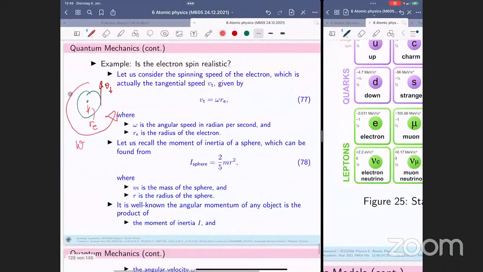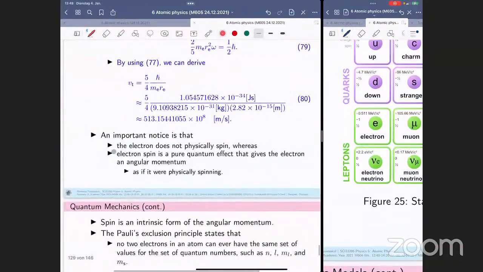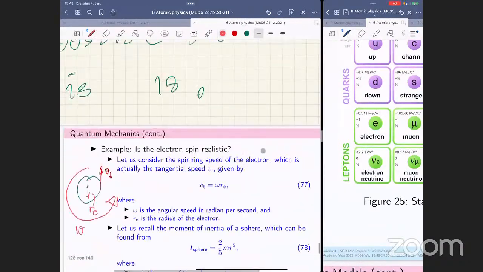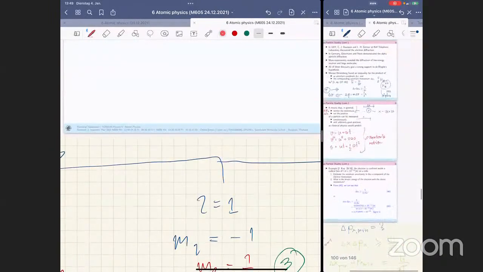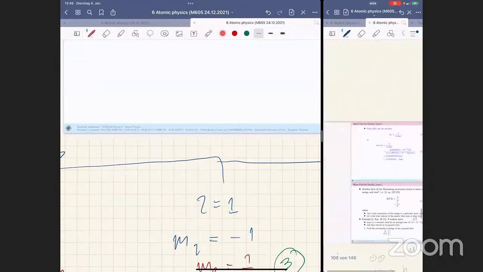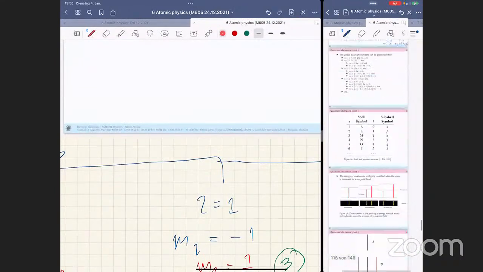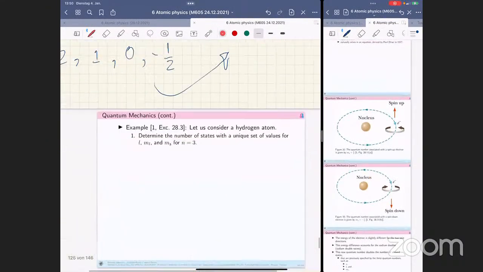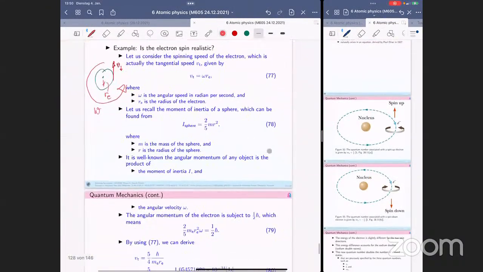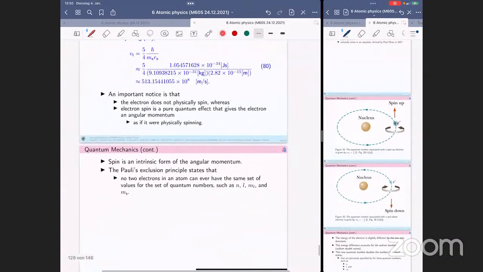So it means that the electron doesn't actually rotate around itself. This understanding is not correct at all. But why do they say the electron rotates itself, according to this figure, with spin up and spin down? In reality, the electron doesn't rotate around itself.